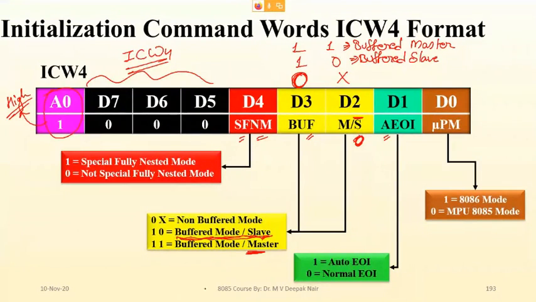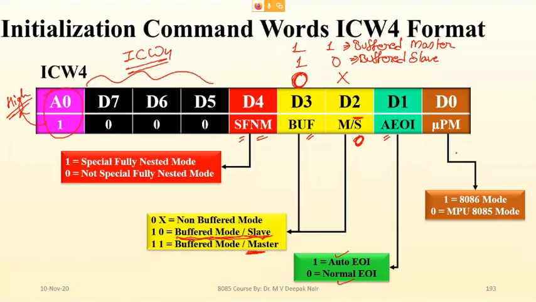For that, we generate one signal, and that can be of two types: automatic end of interrupt or normal end of interrupt mode. If it is 1, end of interrupt is auto. If it is 0, it is not auto, it is normal end of interrupt.